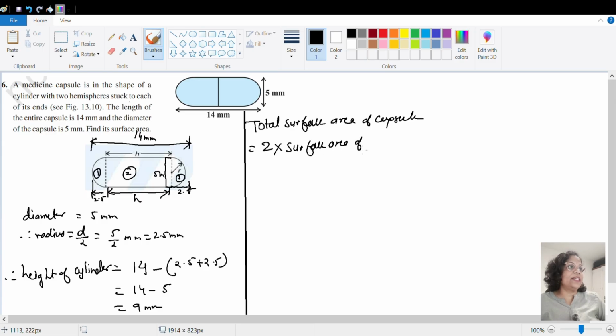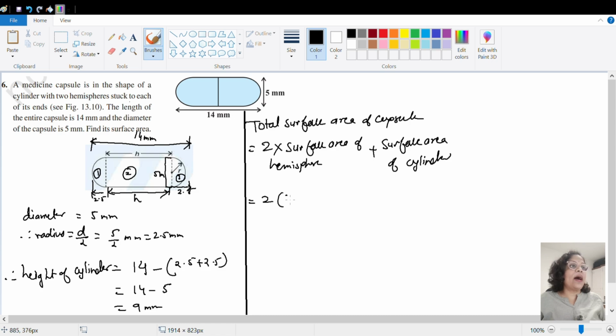You can see these two hemispheres at the ends, plus the surface area of that in-between cylinder. So that is 2 into 2 pi r square plus the surface area of the cylinder, 2 pi r h. So this becomes 4 pi r square plus 2 pi r h.